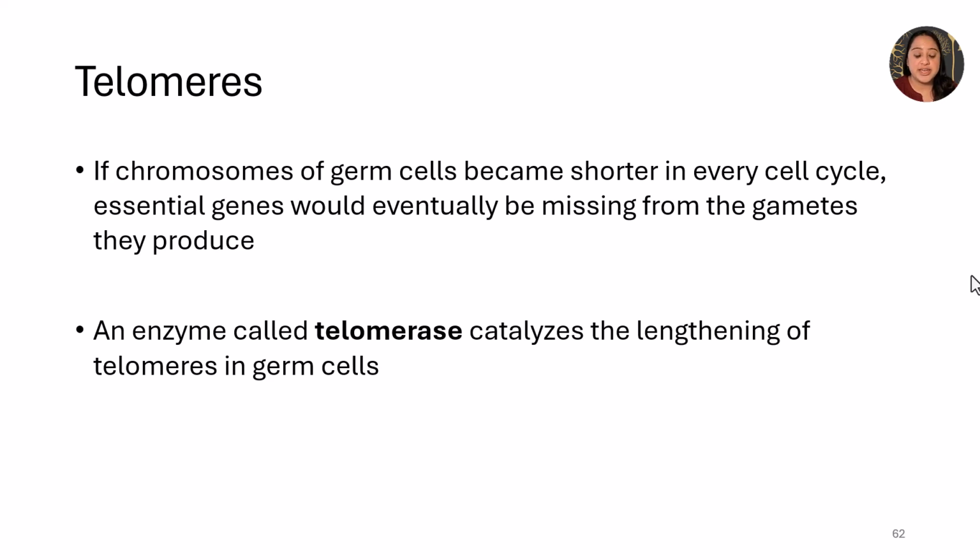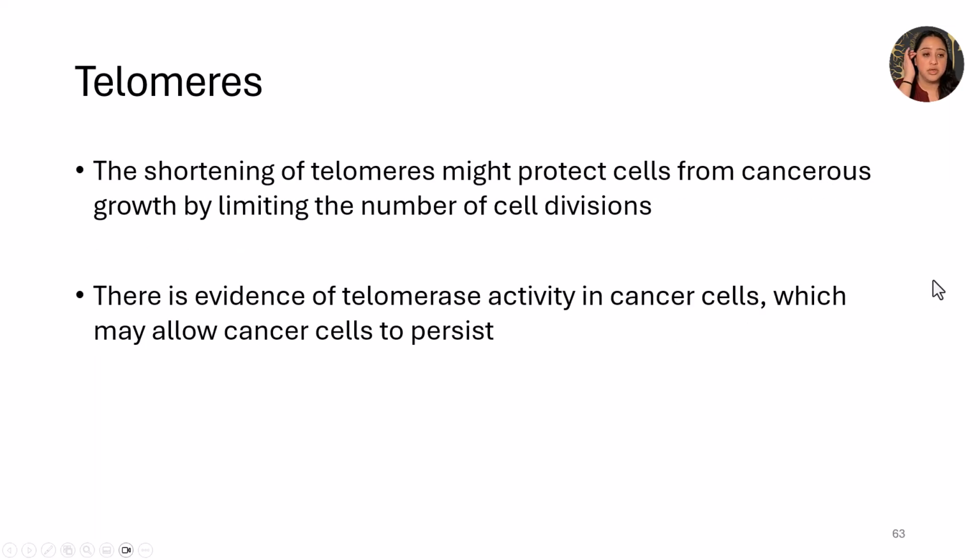And that enzyme adds more telomeres in germ cells. So it's kind of adding more and more fluff so that it gets prolonged even longer. And in normal cells, you don't have telomerase doing that, adding more and more telomeres. It's only in germ cells.